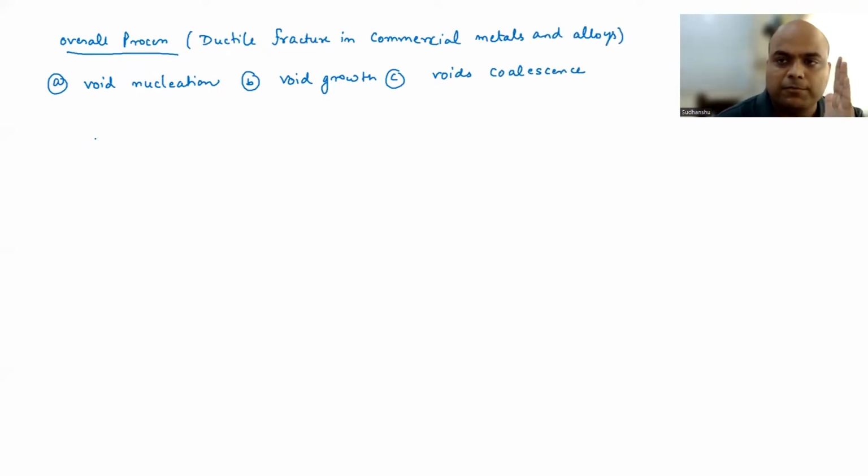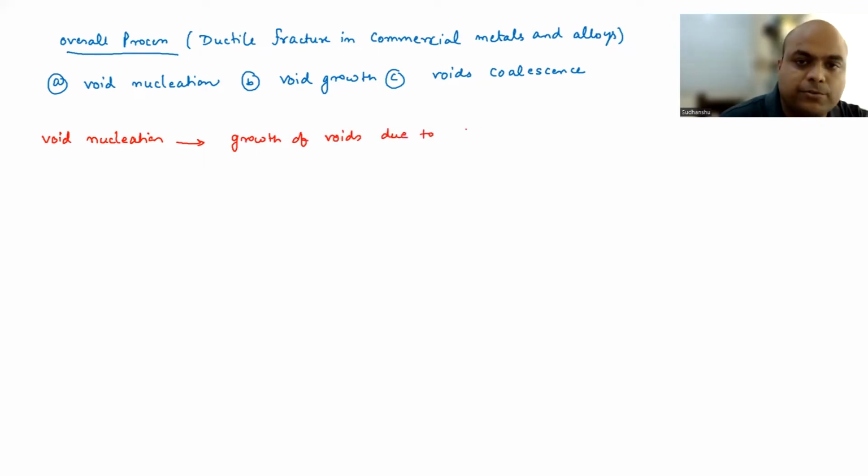We will now talk one by one about all of these. Let me write down a couple more sentences before we begin. It starts with void nucleation. Then you have growth of voids due to plastic strain and hydrostatic stress.